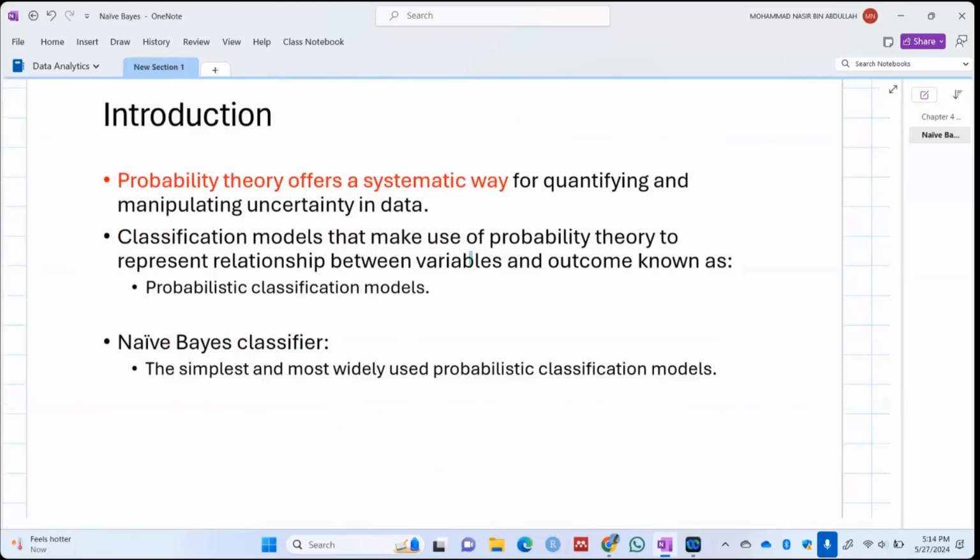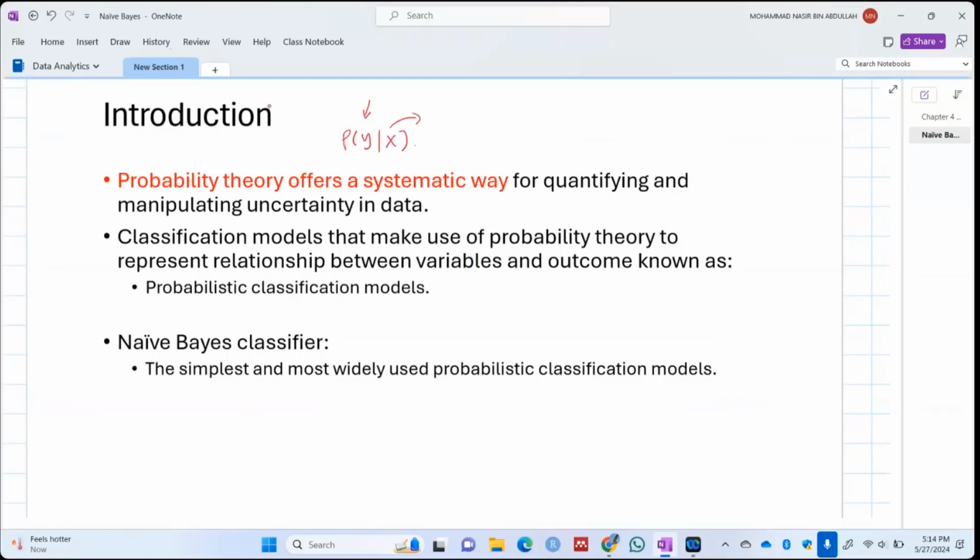Probability theory offers a systematic way of quantifying and manipulating uncertain data. In fact, in the previous topic we also learned probability, but I did not really emphasize the probability part last class, where we want to find the probability of Y given X. That means we want to find the probability of Y given that X has already happened.